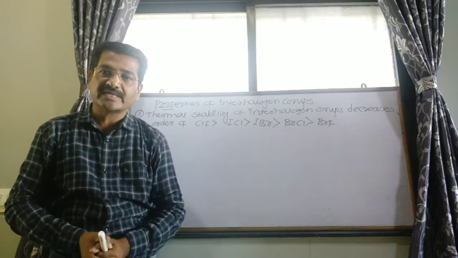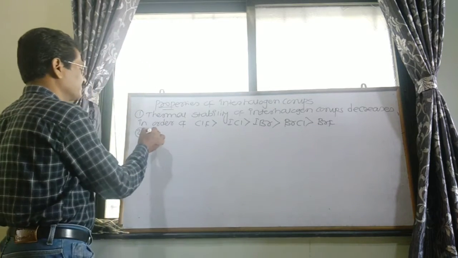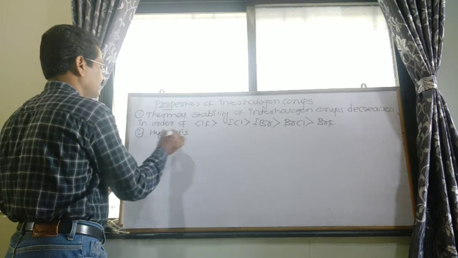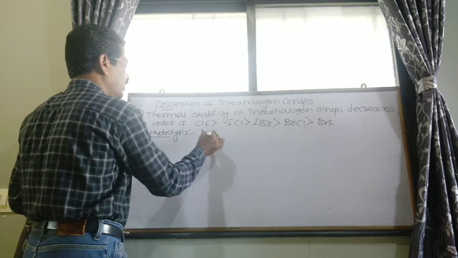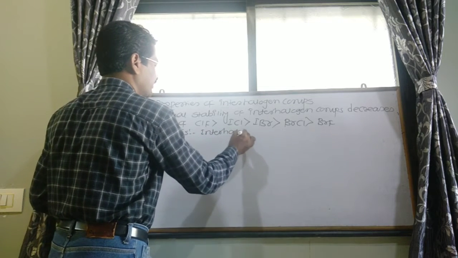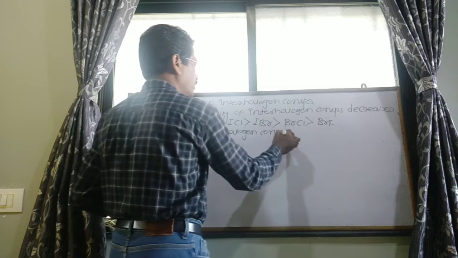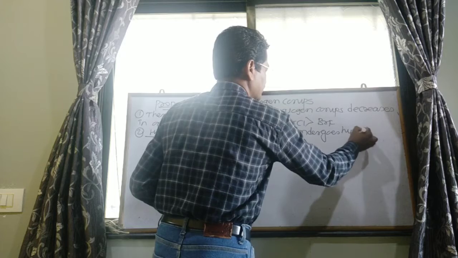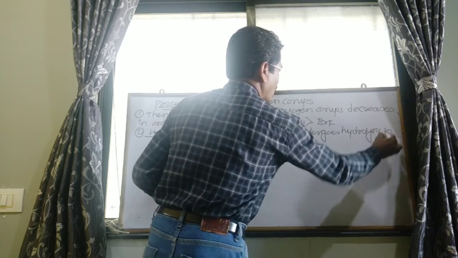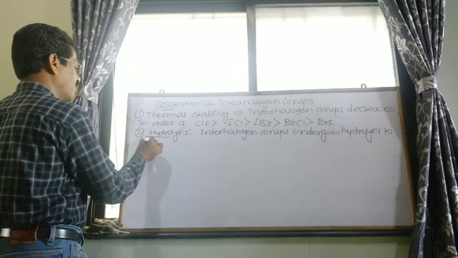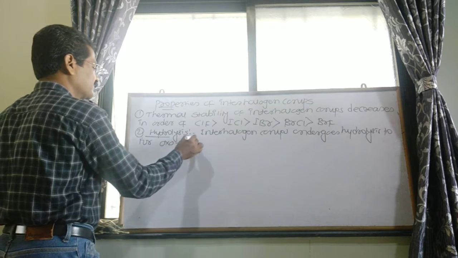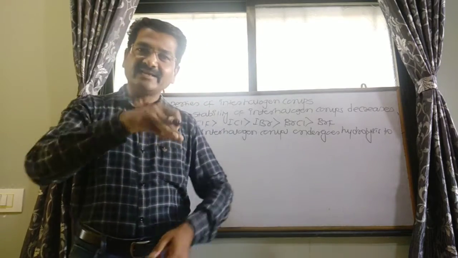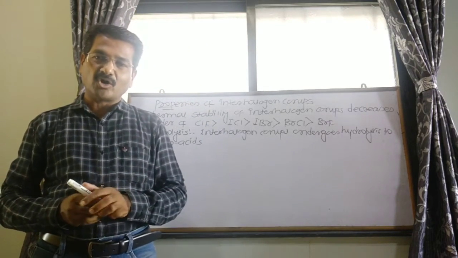Interhalogen compounds undergo hydrolysis to form oxoacids. Whenever the interhalogen compounds are added to water, they form oxoacids.